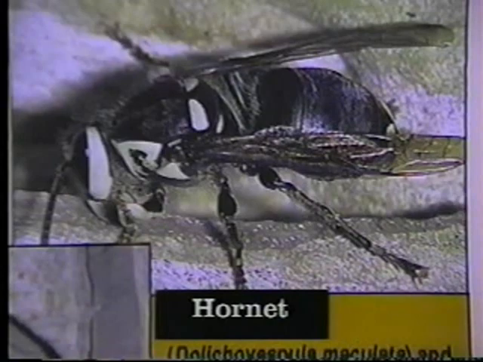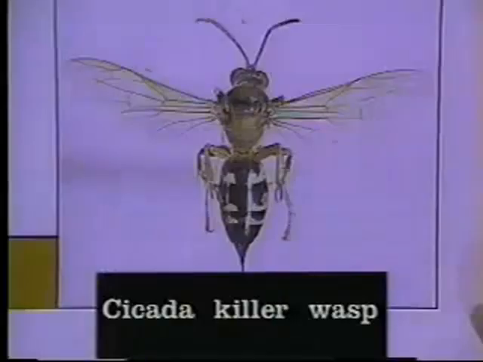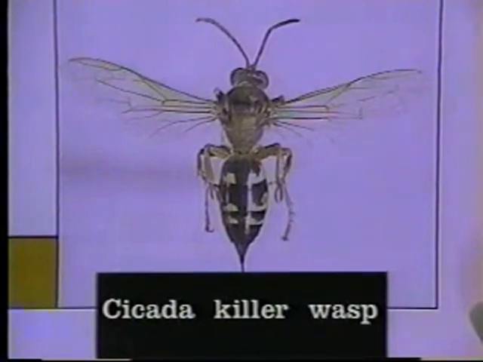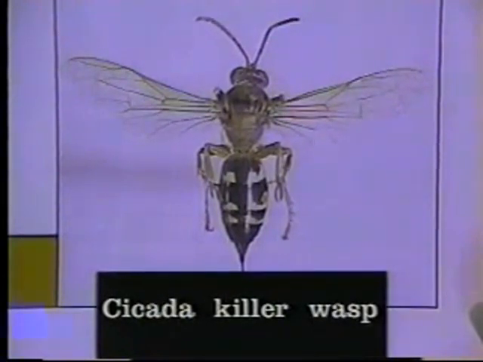Going on and looking at some of the others that we have, the mud dauber and the cicada killer. Cicada killer first. They're about 1.5 inches long. They have wings, and they're striped with black and yellow on the abdomen, as you can see there.